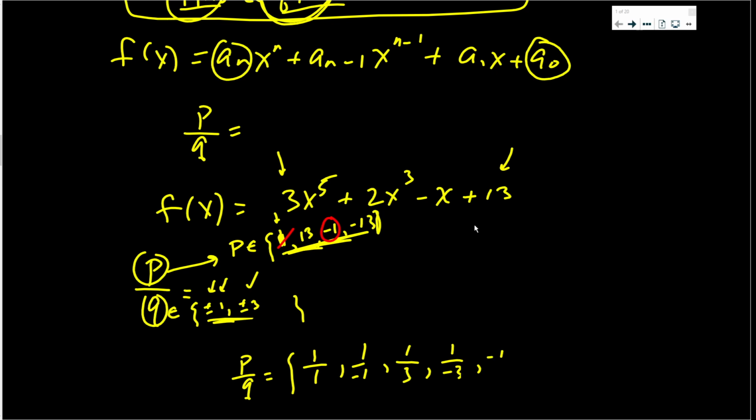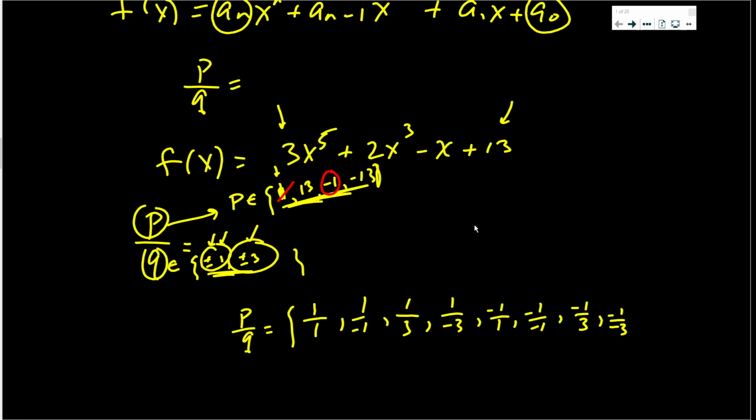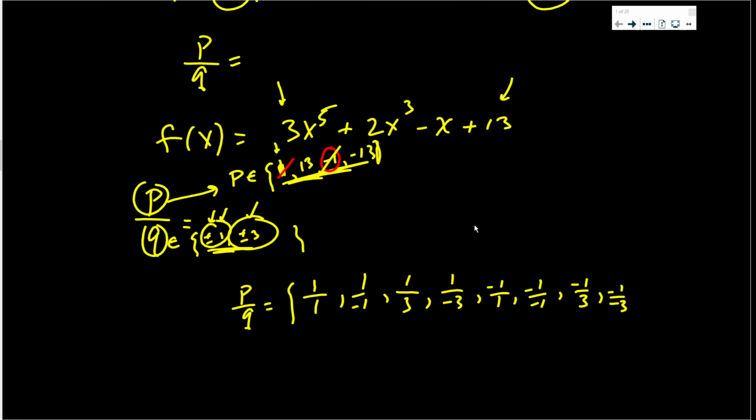I can use negative 1 over 1, negative 1 over negative 1. I can use negative 1 over 3 as a possible root. Negative 1 over 3 can be a possible rational root. Can use negative 1 over negative 3. Now, done with negative 1.